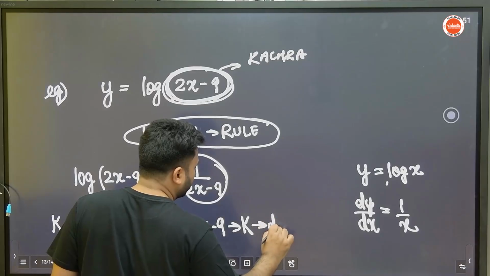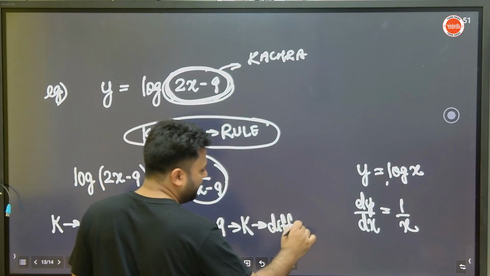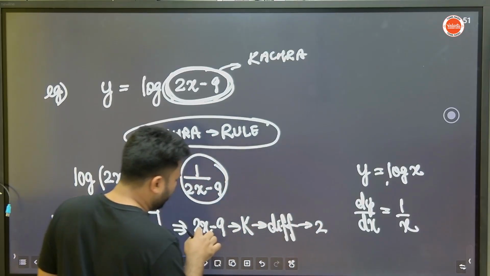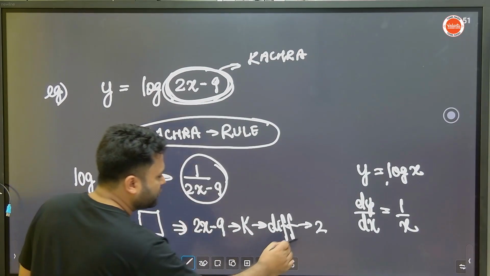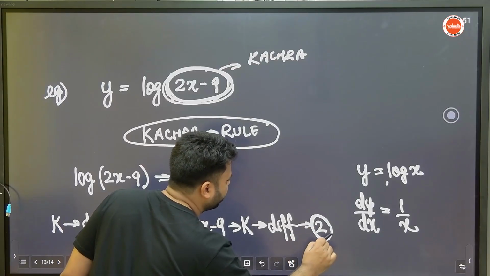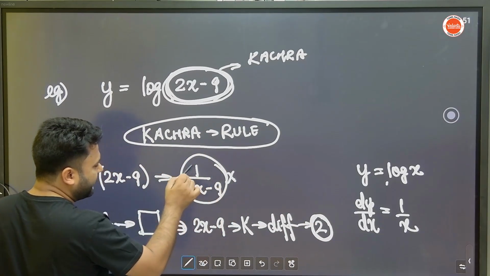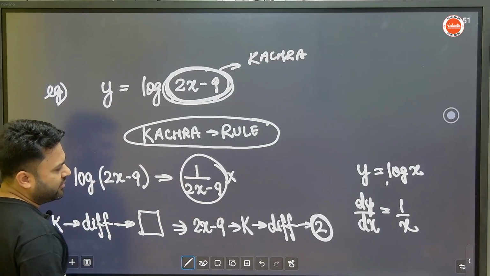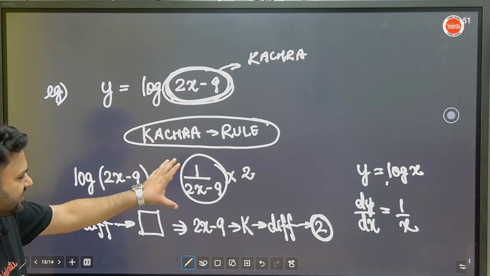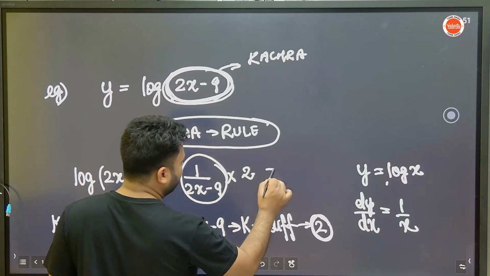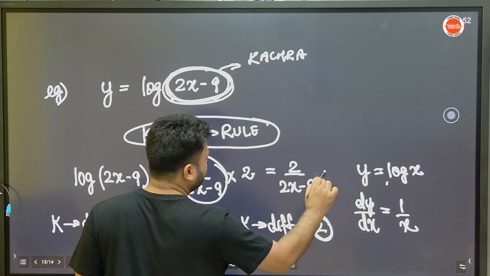If you differentiate 2x minus 9, you will get 2. 2x differentiation 2, minus 9 differentiation 0. So this 2, we will multiply with our answer that we got in step 1. So our final answer is 2 divided by 2x minus 9.